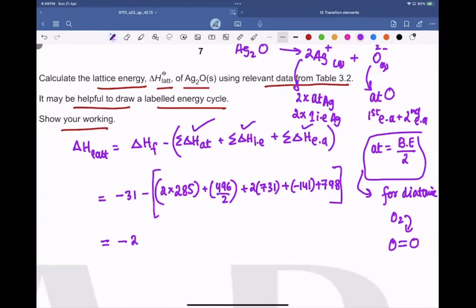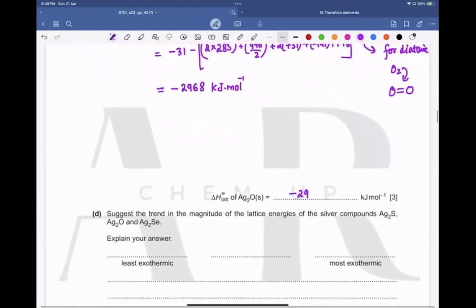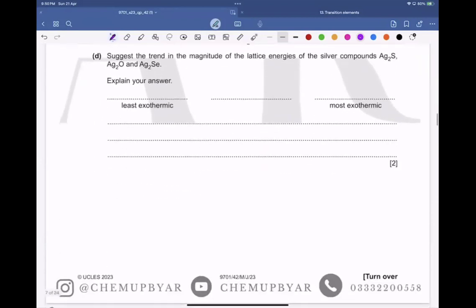So the answer is, can anyone cross check the calculation? It's minus 2,968 kilojoule per mole. Yes, is this clear to all of you? So I'm going to write over here minus 2,968. Okay, now next part.